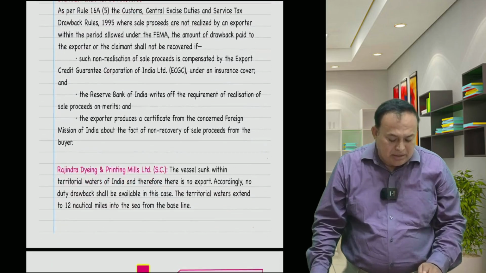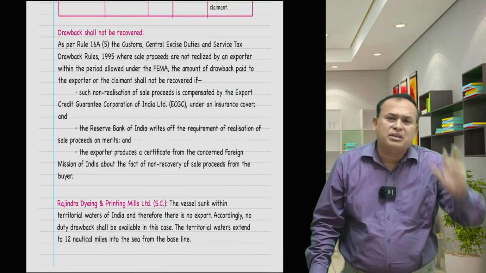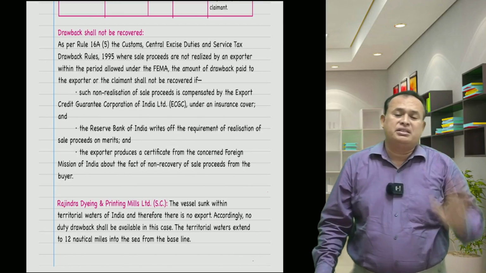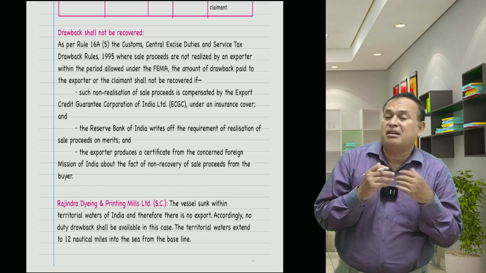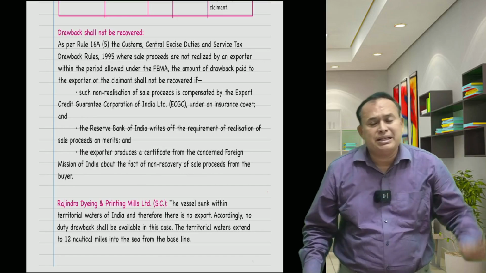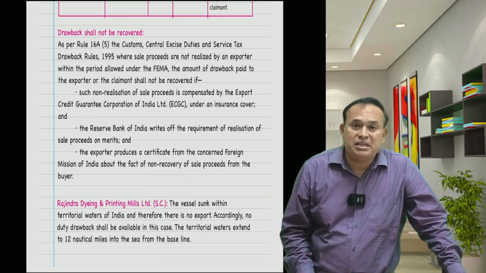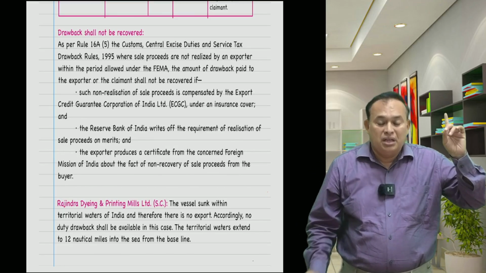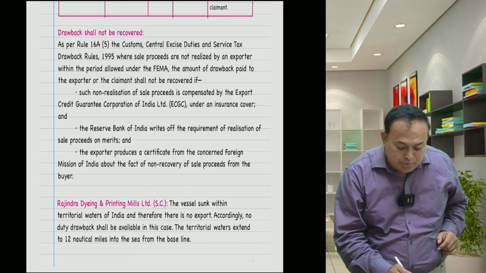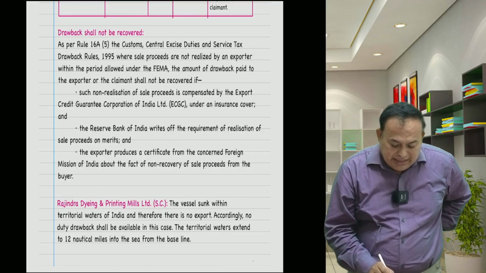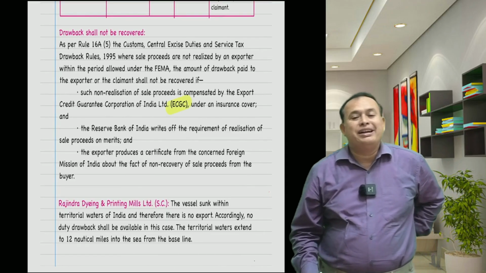Duty drawback is not going to be recovered by the department even though sale proceeds are not realized. Sale proceeds not realized, in spite of that, duty drawback is not required to be returned. When? When on account of export I have covered ECGC. This point I referred to sometime before in the refund chapter. ECGC coverage, Export Credit Guarantee Corporation.